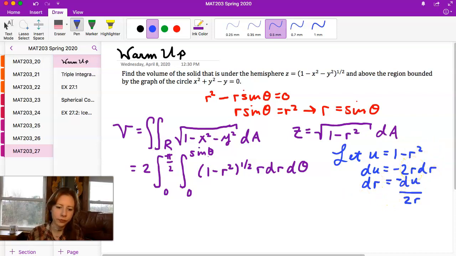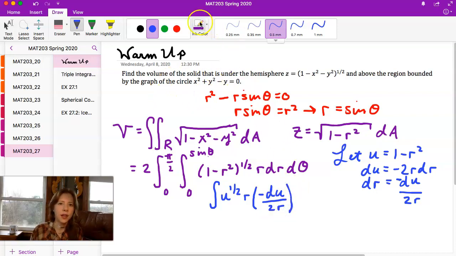Now we're going to evaluate this. Using our u substitution, zooming in here, we have the integral of u to the 1/2 times r times minus du over 2r.